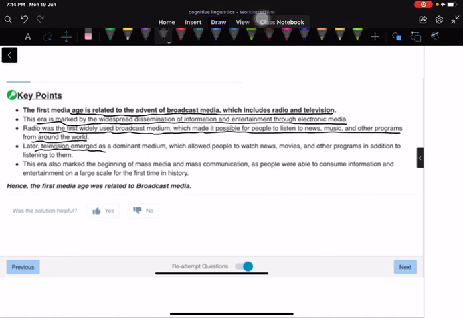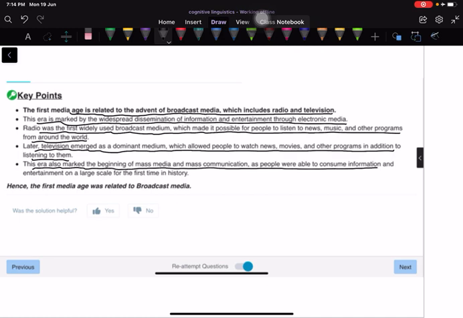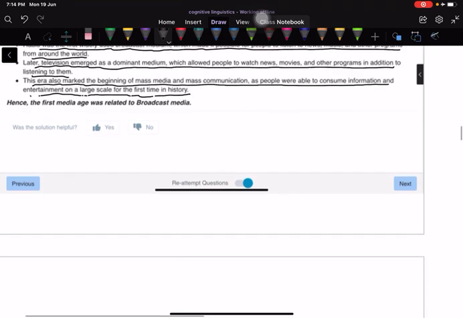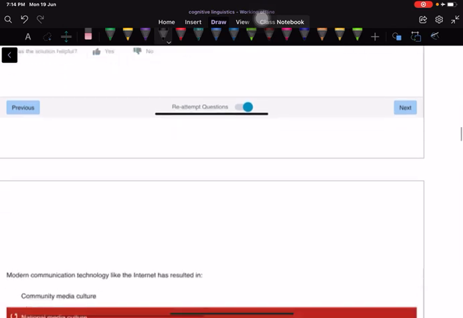Later, television emerged as a dominant medium which allowed people to watch news, movies, and other programs in addition to listening to them. This era also marked the beginning of mass media and mass communication, as people were able to consume information and entertainment on a large scale for the first time in history. Hence, the first media age was related to broadcast media.